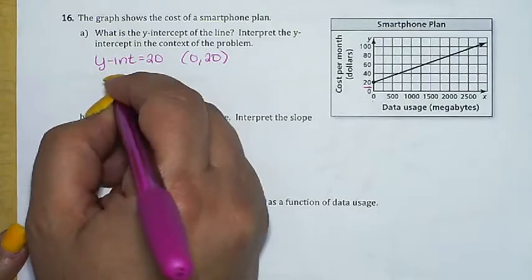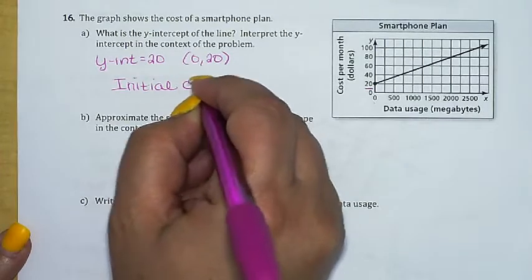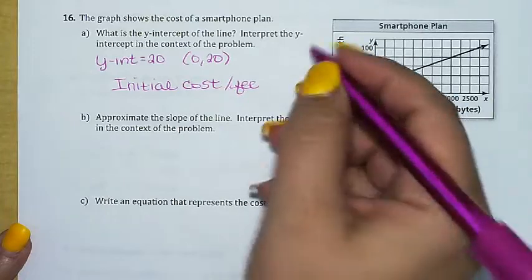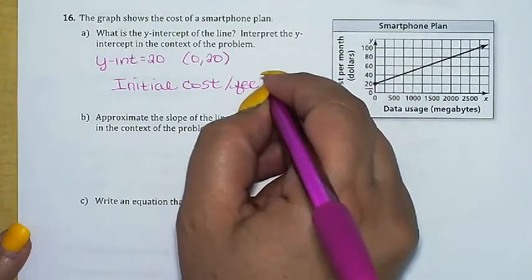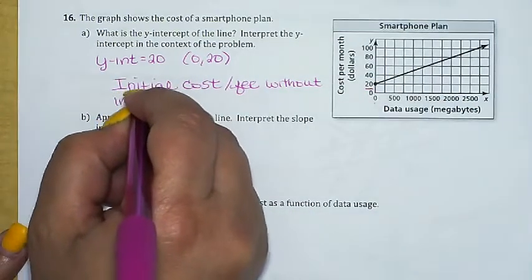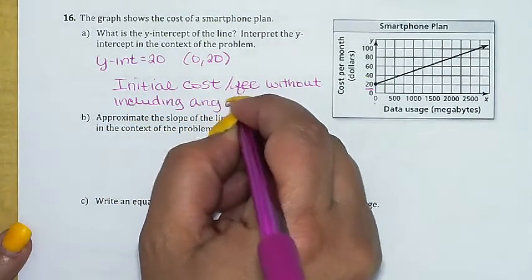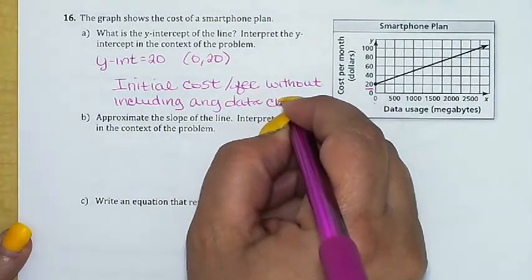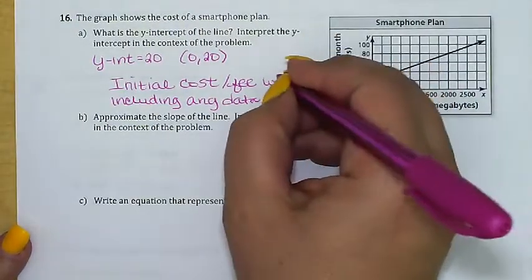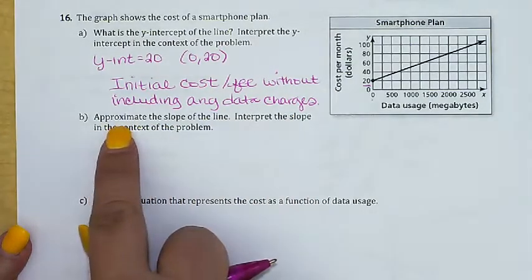So we could think of that as an initial cost, maybe to have the plan. So it's the initial cost or fee for having the plan without including any data charges. And then let's talk about the slope.